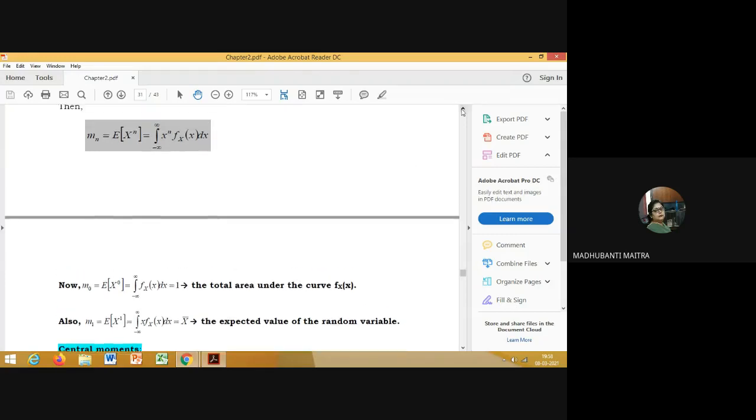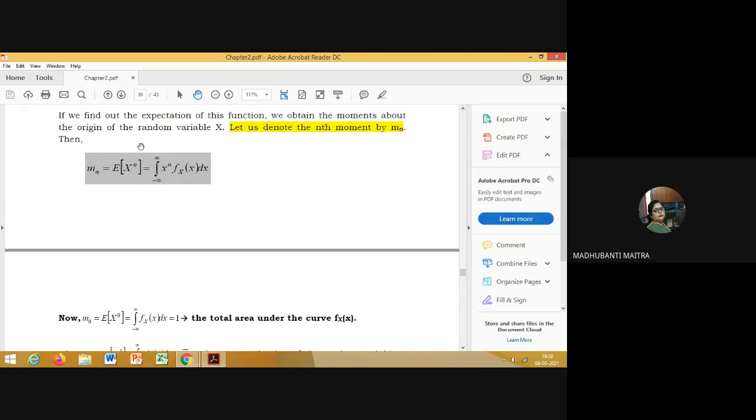Now let's try to find out the first moment about the origin. That means the value of n is equal to 1. So m1 will be equal to E of X to the power 1, that means E of X. The right hand side will be the integration from minus infinity to infinity of x f(x) dx, as n is equal to 1.